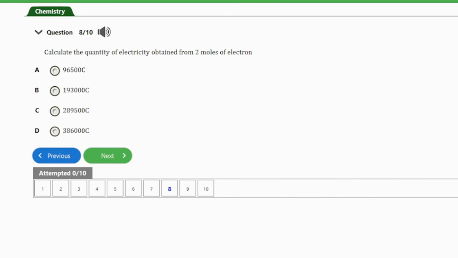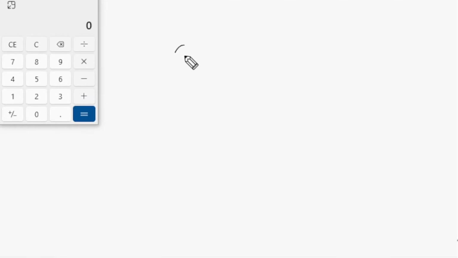So we are going to check out the next question, guys, and that's question number 8 here. So the question here says, calculate the quantity of electricity obtained from 2 moles of electron. So guys, that's actually very simple. 2 moles of electron will have 2 times the Faraday's constant, that's 96,500.